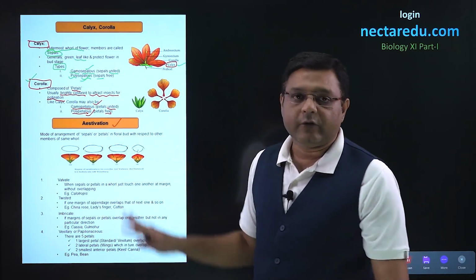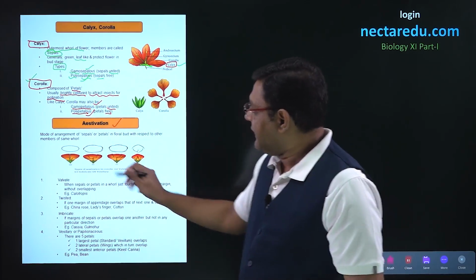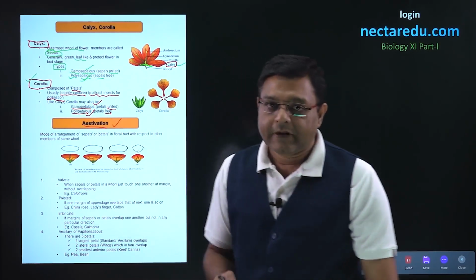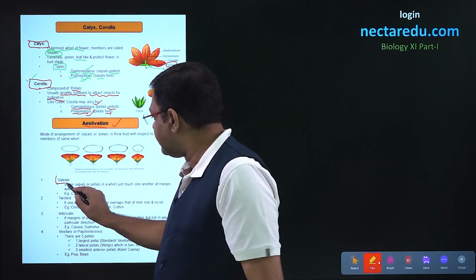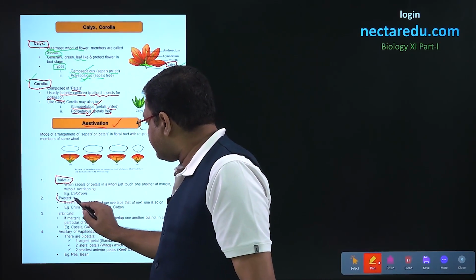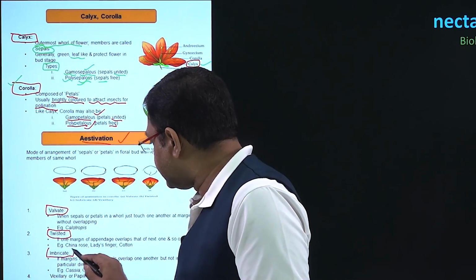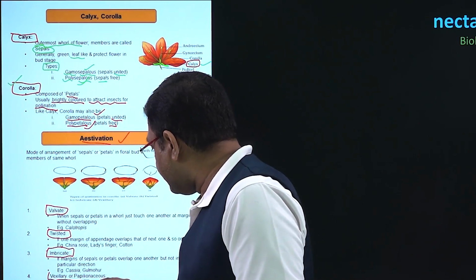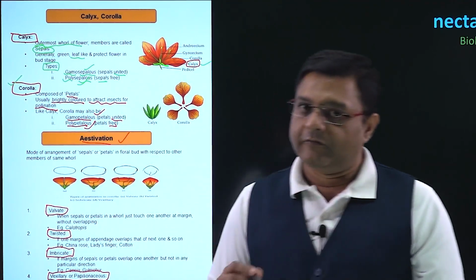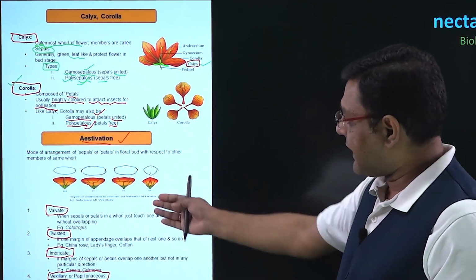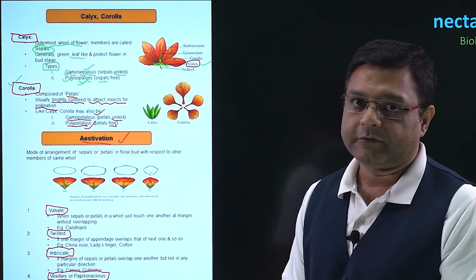That particular arrangement in a flower is called estivation. Now, estivation can be of four types. The first type is valvate, the second type is twisted, the third type is imbricate, and the fourth type is vexillary or papilionaceous. So, we will try to understand what these four different types are.